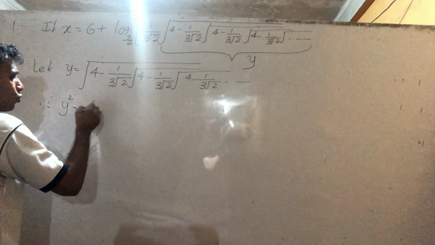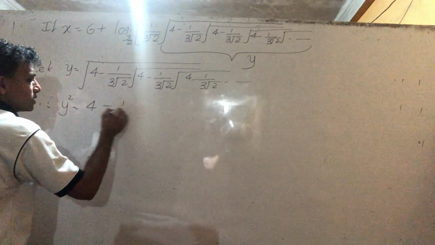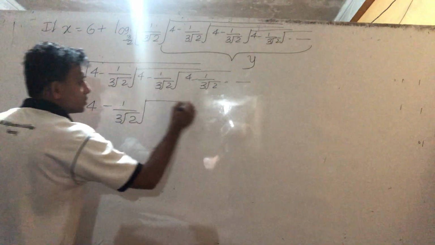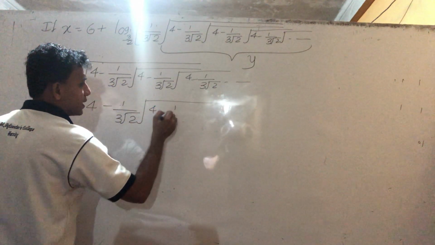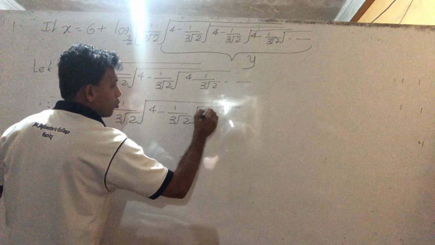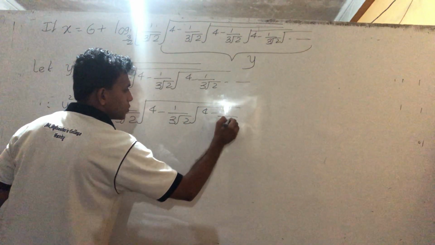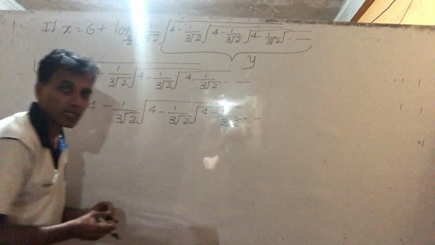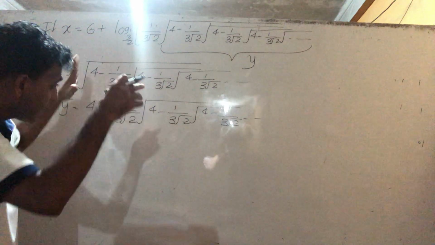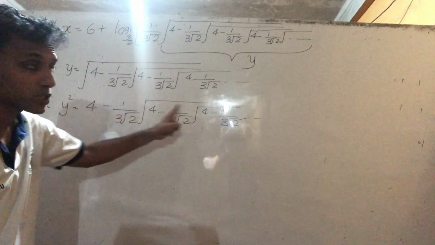That is 4 minus 1 over 3 root 2 times the square root 4 minus 1 over 3 root 2. Properly see that, some of you misuse it and can't get the answer. See this clearly, only the biggest square root is removed. Inside, other parts and other square roots are available.